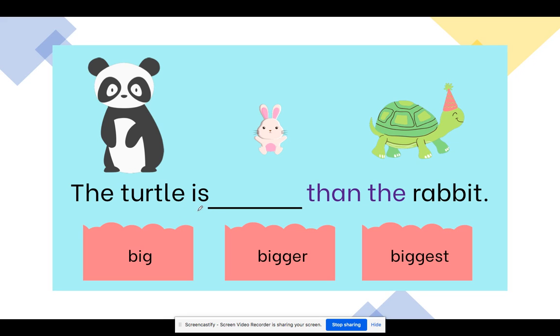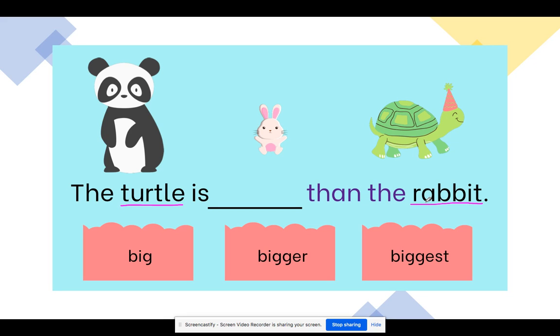It says the turtle is blank than the rabbit. Notice, in the sentence, I'm only talking about the turtle and the rabbit. So that is two items that I'm comparing. So when I have two items, I have to think about what my rule is. Should I add ER or EST?